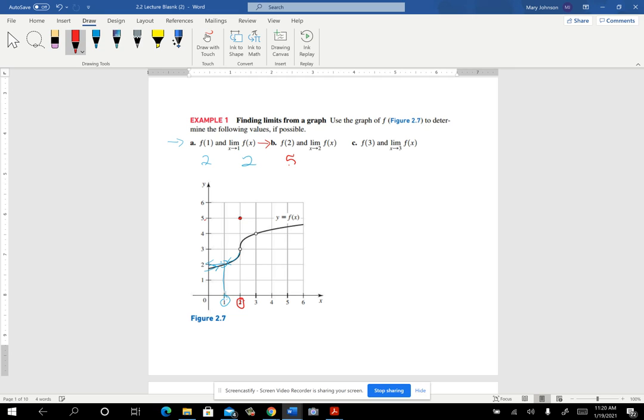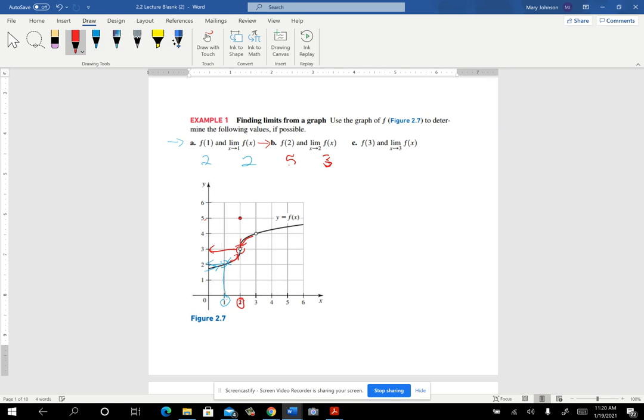But the limit of the function as x approaches 2 would be found by considering this coming from the left or from the right. You see how you're approaching this spot, and even though the function's not defined there, the limit of the function would be 3. The limit of the function as x approaches 2, that would be 3.